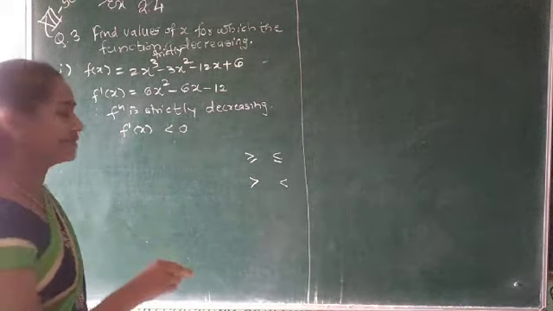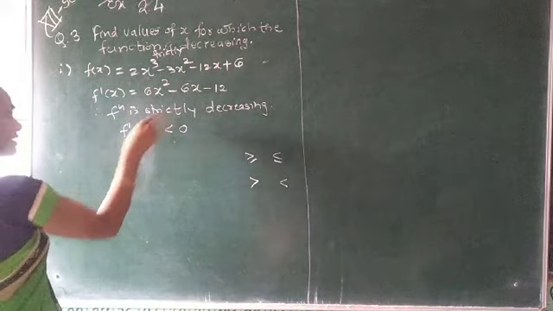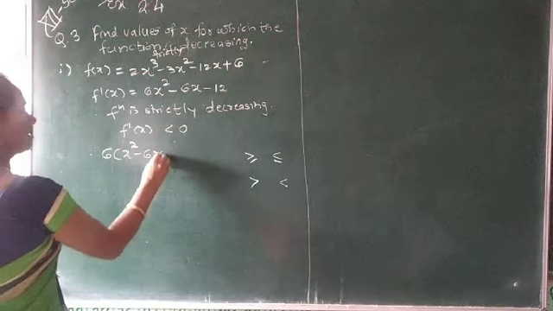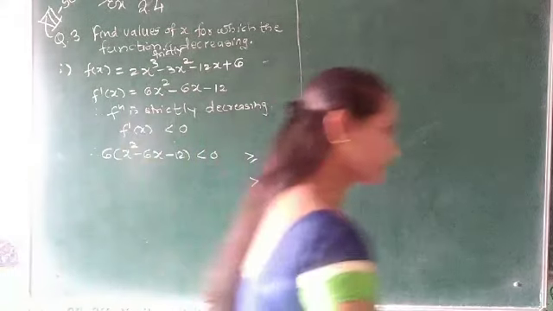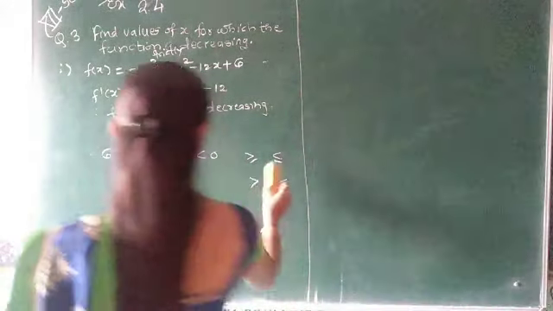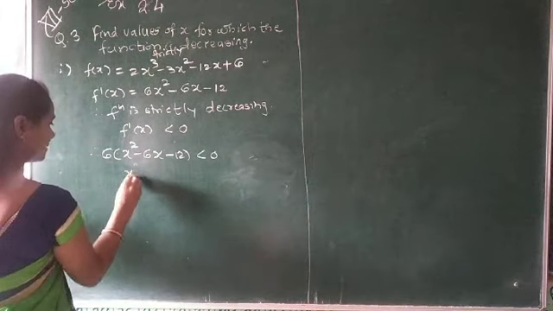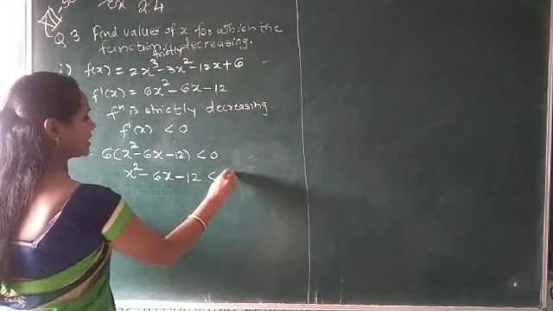If it is decreasing, then we take the less than or equal to sign, but here it is strictly, hence we write 6 into x square minus x minus 2 less than 0, and dividing by 6, the other side becomes 0.